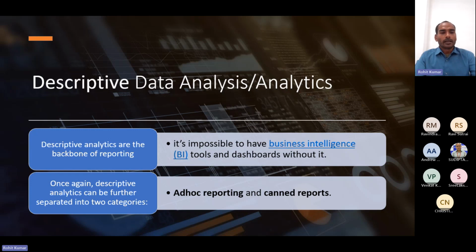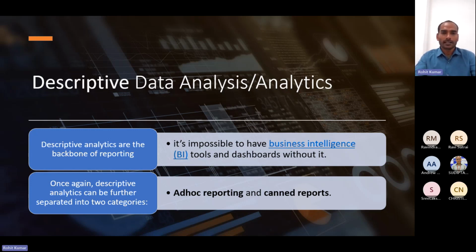That's right also. So descriptive analytics are important, and two popular types are ad hoc reporting and canned reporting. Ad hoc reporting, as the name says, ad hoc means for which you have no preparation, you have not set up something. Instantly you are doing something, that is ad hoc. For example, in computer networks, there is a very popular type, ad hoc networks, which are very easy to set up, in almost real time you can design a network.